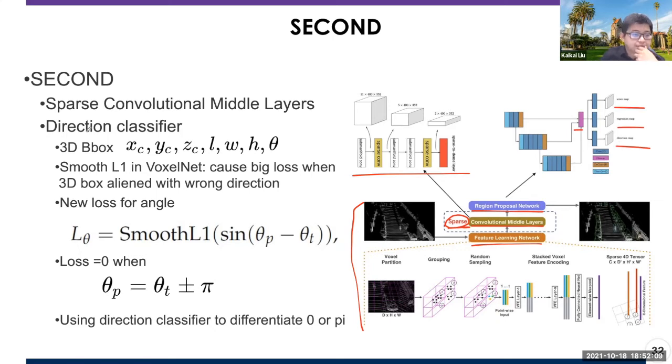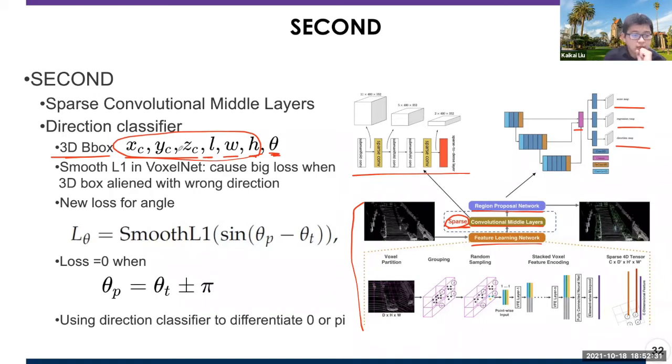Previously in VoxelNet, for a 3D bounding box, we have X, Y, Z for the center of the 3D bounding box, then length, width and height of the 3D bounding box. So this is like the 3D bounding box size, and the angle is theta, the angle of the 3D bounding box.